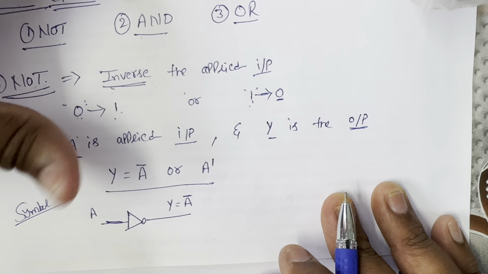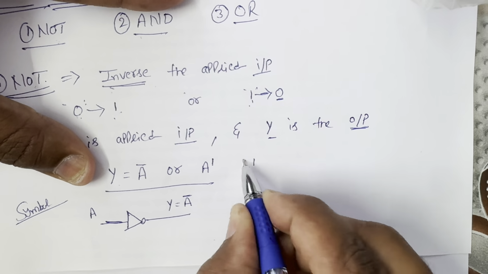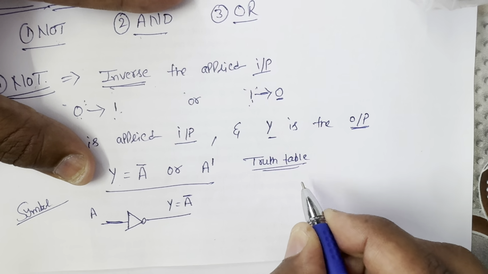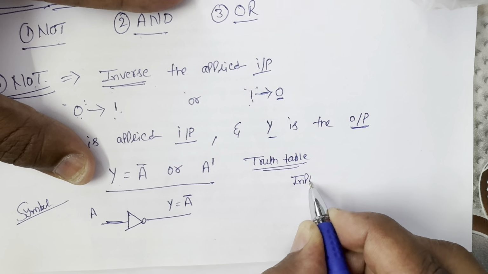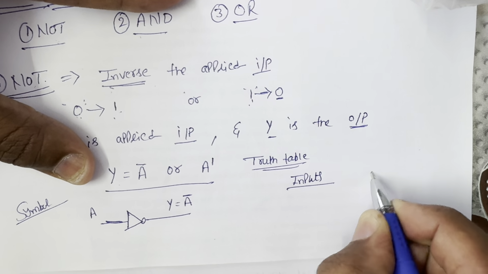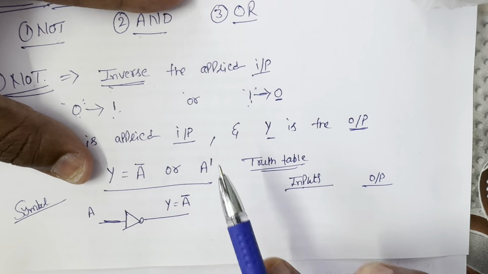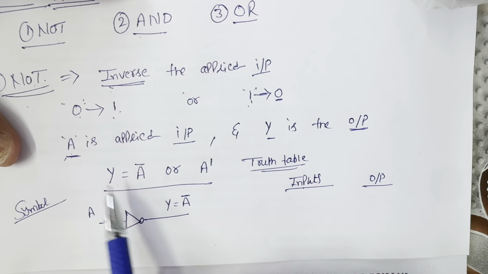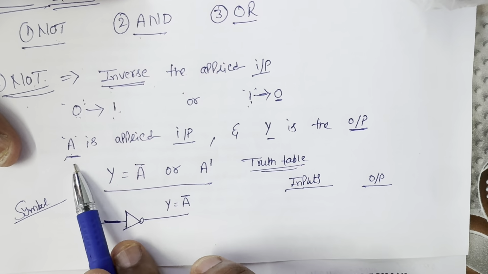And the truth table of this NOT gate. While designing any truth table, first we have to represent inputs and then outputs. Here in this case, only one input is there, that is A, and Y is the output.